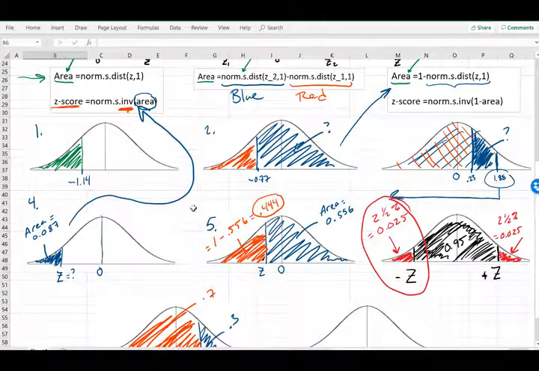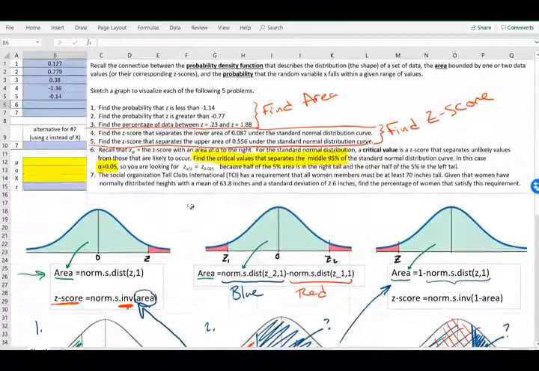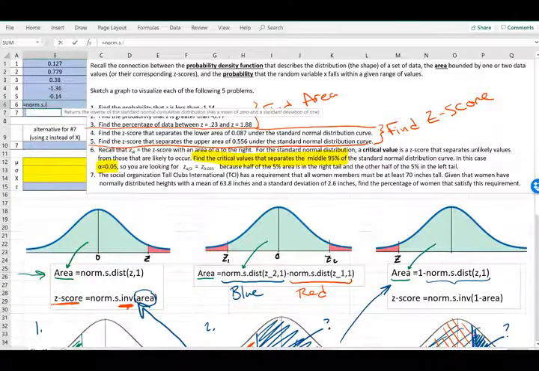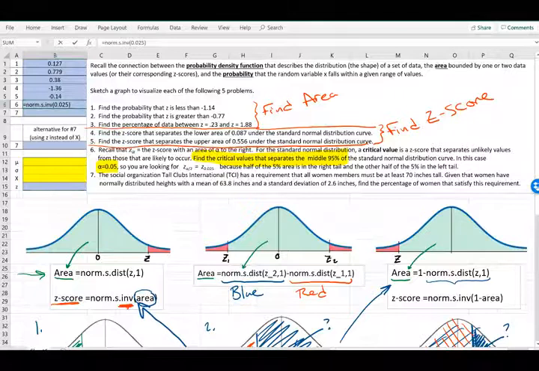So we could apply the same function we used in number 4 and number 5, the inverse of the standard normal distribution function. Those critical values should be norm.s.inv with the probability or area to the left of 2.5% or 0.025.